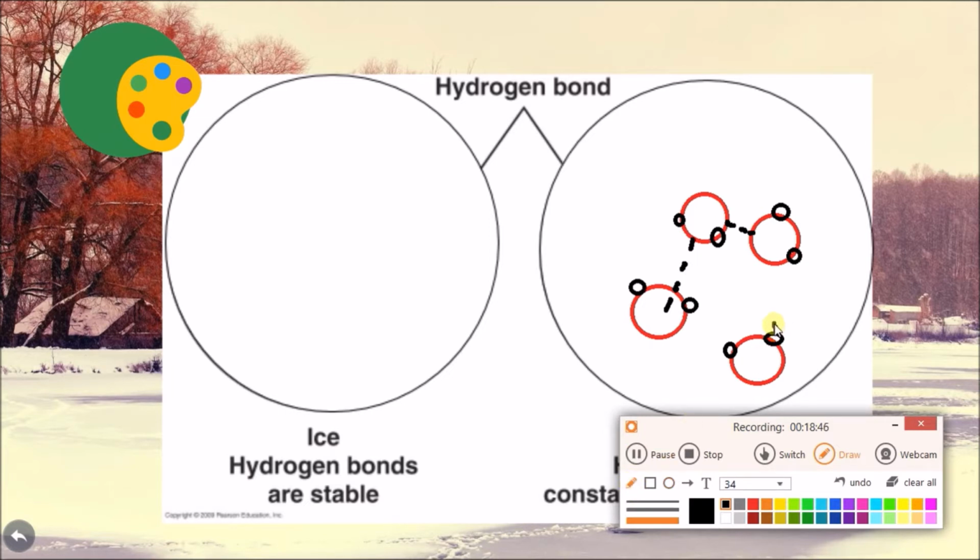So I'm just going to draw a few bonds here to show these links of bonds. And just for funsies, I'm going to draw one more water molecule, just to show what's going on here. Gotta get my Mickey Mouse ears on. Alright, hopefully you all can make these diagrams a little bit faster than I can here.